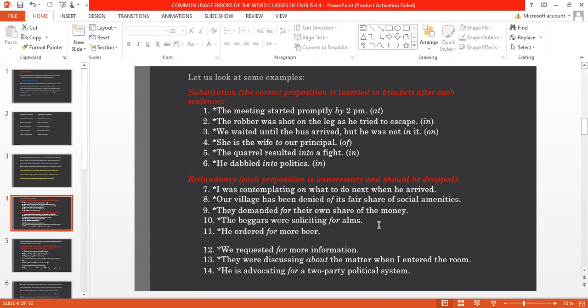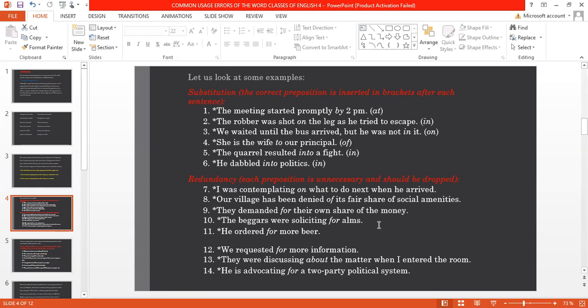Number 3, we waited until the bus arrived, but he was not in it. It should be he was not on it. Remember, I told you the difference between on and in.